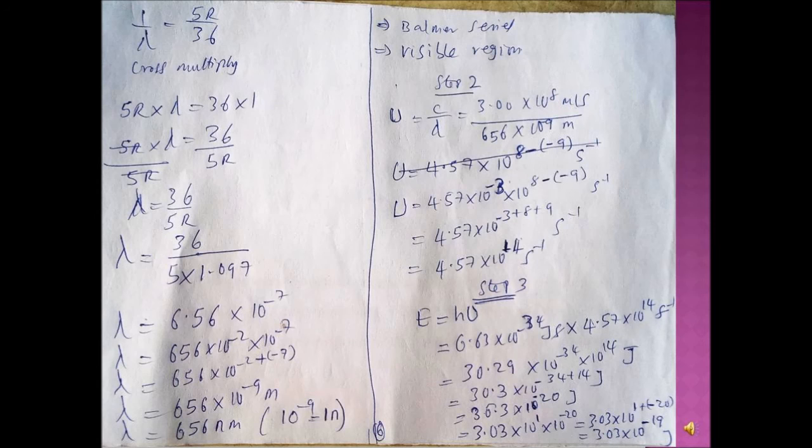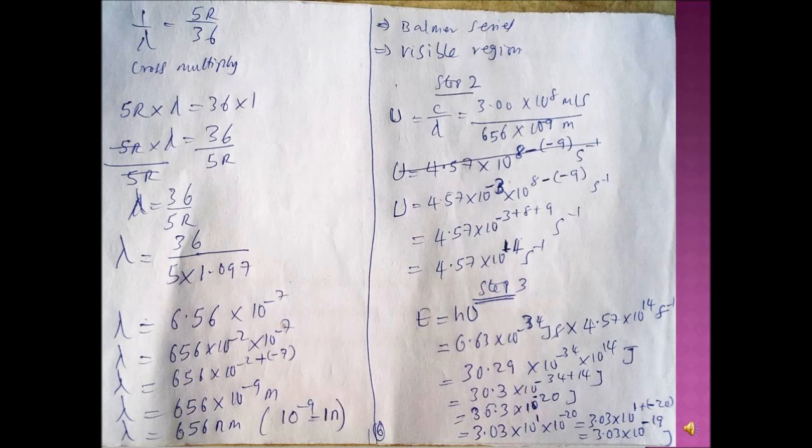Then after that, we divide 3.00 by 656, and we got 4.57 times 10 to the power 8 minus 9.